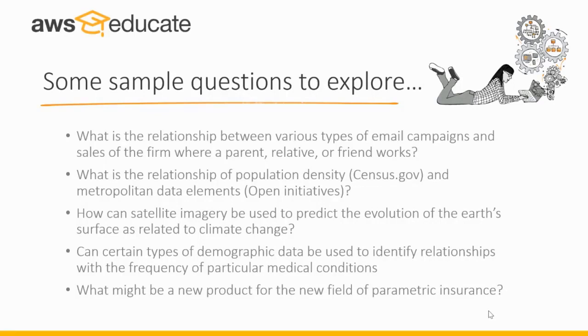Another question, can certain types of demographic data be used to identify relationships with the frequency of particular medical conditions? So one of the data sets that's available through the AWS repository is actual medical information collected.